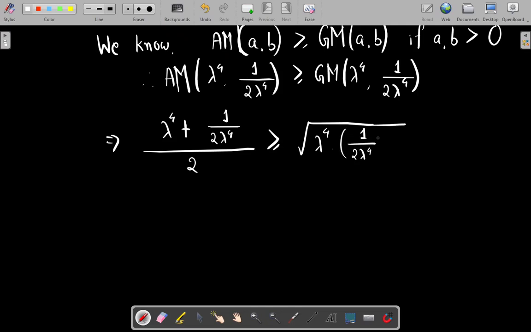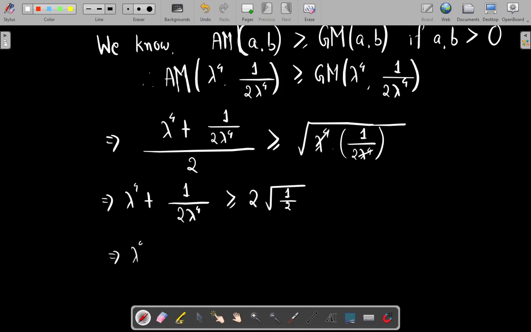Okay, product. So this implies that lambda to the power 4 plus 1 upon 2 lambda to the power 4 will be greater than or equal to 2 times... if we cancel, this lambda to the power 4 and this lambda to the power 4 will get cancelled, and we are left with greater than or equal to 2 times square root of 1 upon 2.